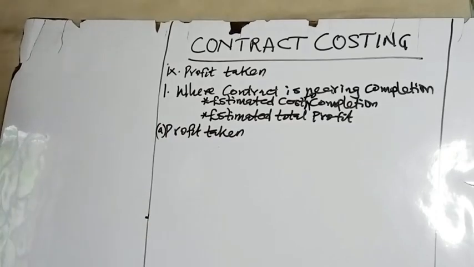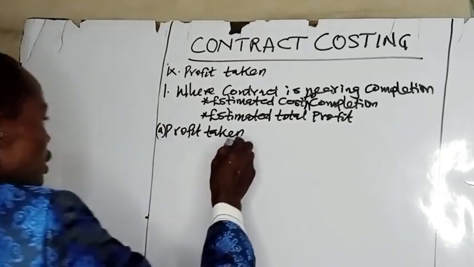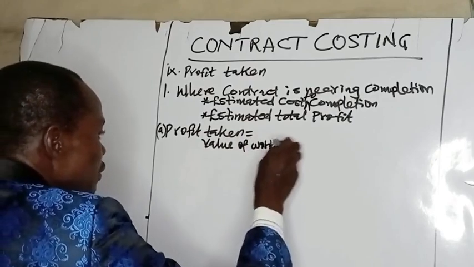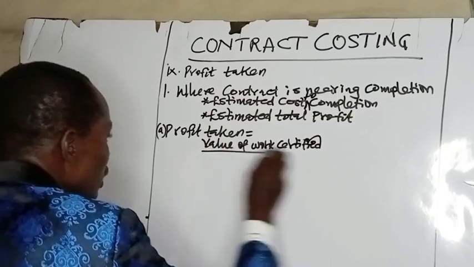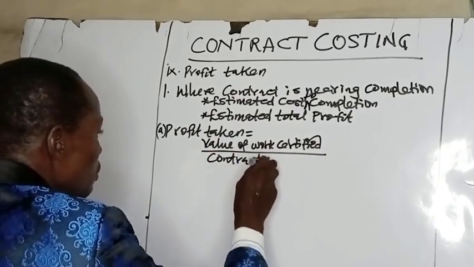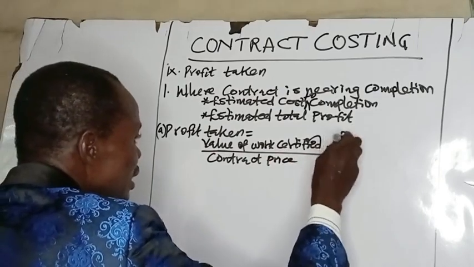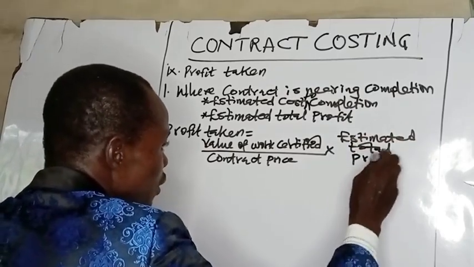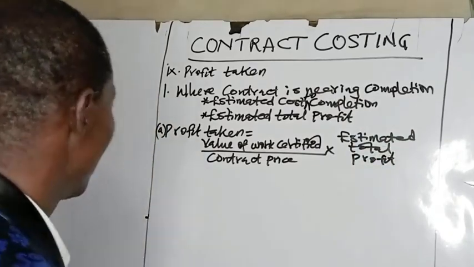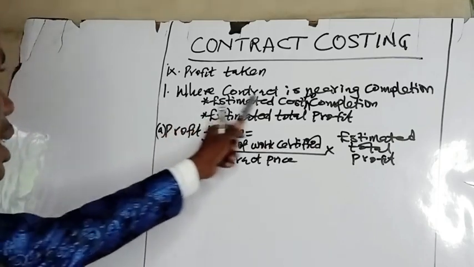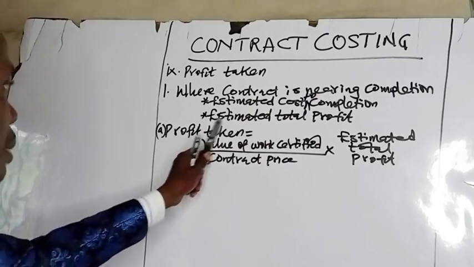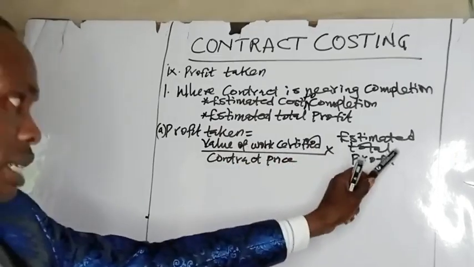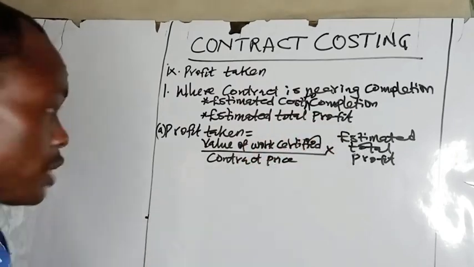Number 1, we have value of work certified over contract price times estimated total profit. I've told you the outcome of the contract can be reliably measured, the estimated cost to completion must have been known, and that means estimated total profit will have been ascertained. So in that case, profit taking can be value of work certified over contract price times estimated total profit, not notional profit.